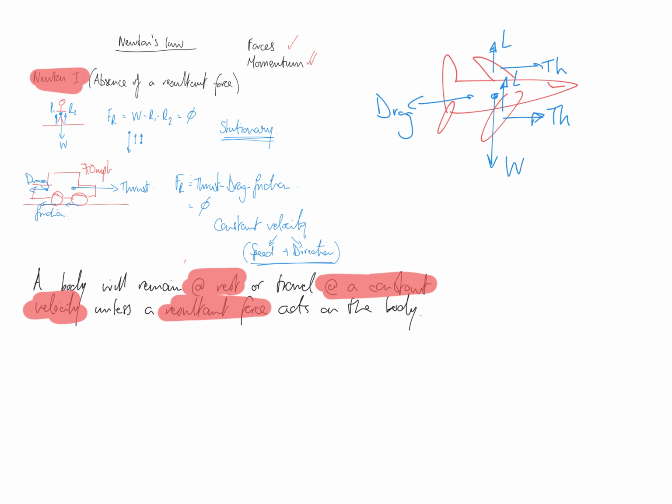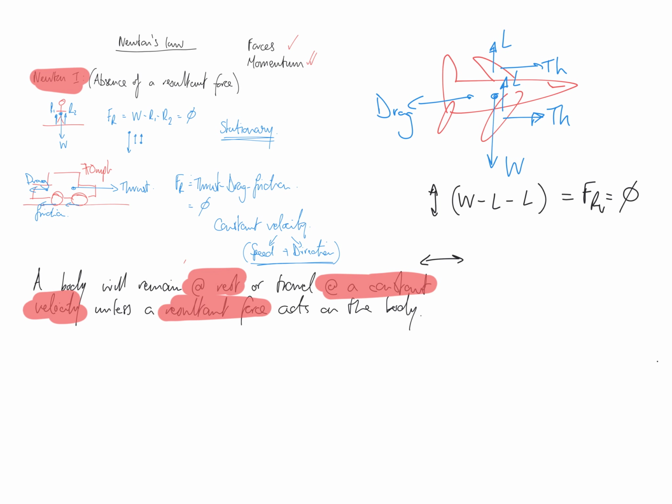So, what have we got here? Well, you can consider what's happening in 2 different directions here. One, we're going to look at what's happening vertically, and the other one, we're going to look at what's happening horizontally. So first of all, vertically, we have the weight minus the lift, or indeed we could rewrite those the other way around. The point being here is that vertically, the resultant force is 0.